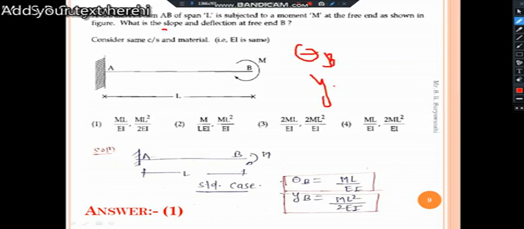So this is the standard case: a cantilever beam subjected to a couple or moment at the free end, and slope is given by ML divided by EI, whereas deflection is given by ML square by twice of EI. Now see the options: for slope, ML by EI, and for deflection, ML square by twice of EI. So option 1 is the answer. Standard case, standard formula for slope and deflection.